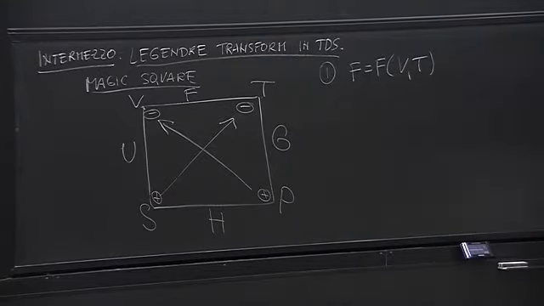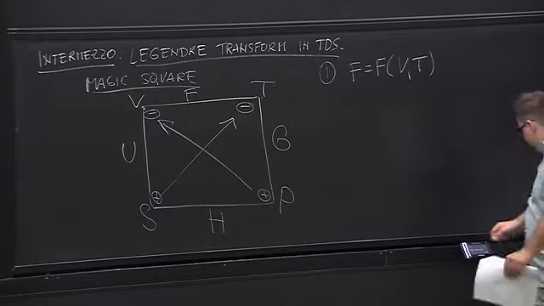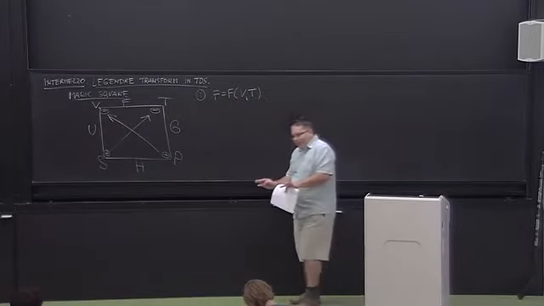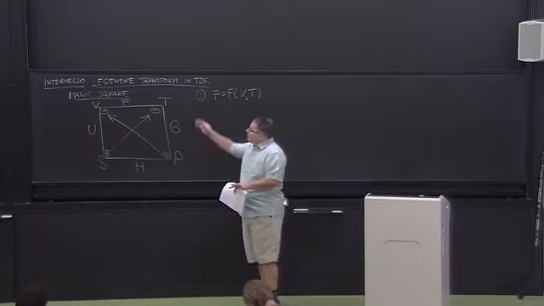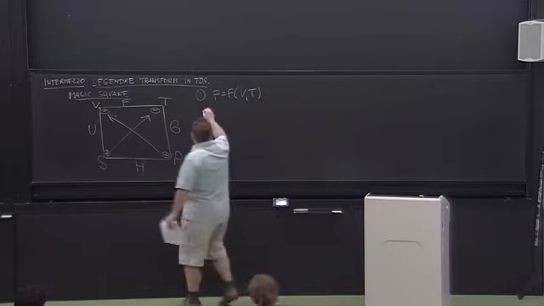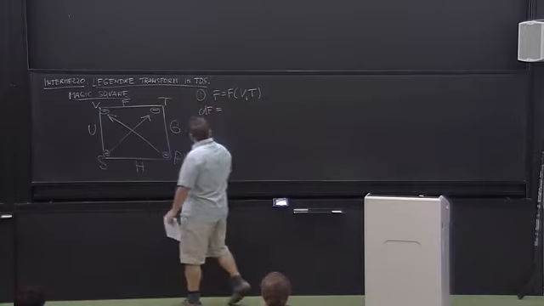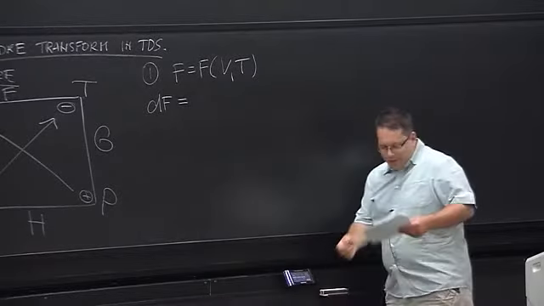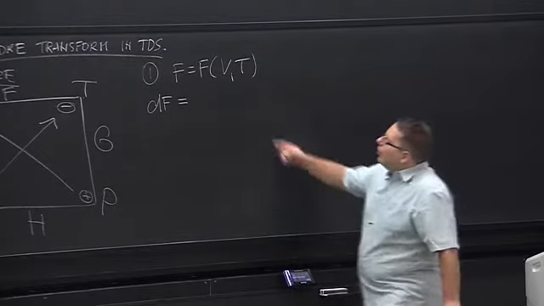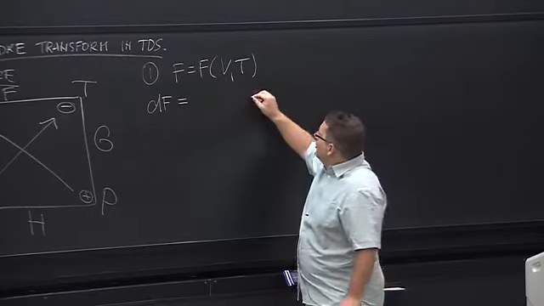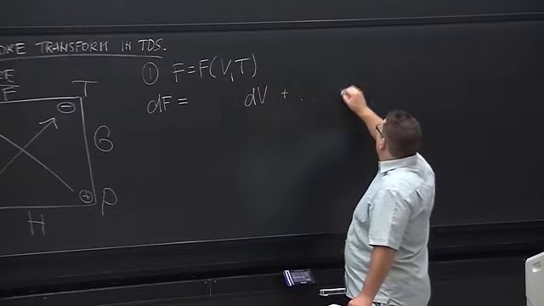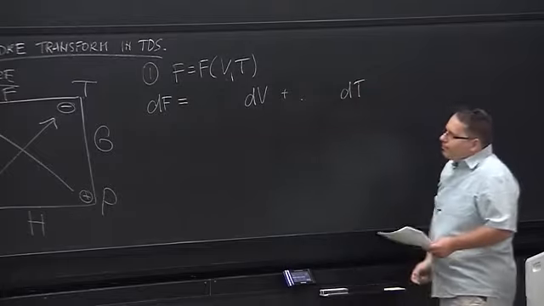Now if you want to write down the differential, that's very useful, right? If you want to find the equilibrium situation, all these thermodynamic potentials are typically minimized. So you need to know how to write down the corresponding differential. That's the basis of 95% of calculations in thermodynamics. So it's a function of volume and temperature, so there must be dV plus something else, dT.